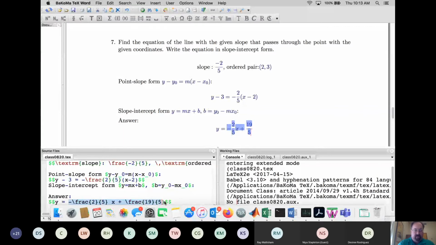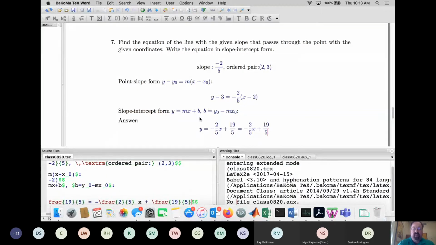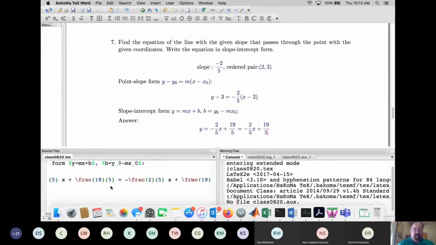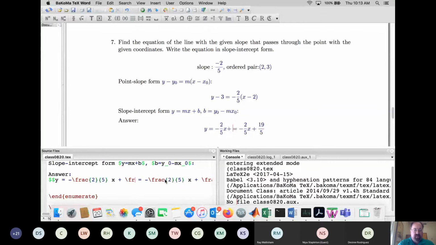And one thing I want to show, because this is also a source of many mistakes, is that you multiply this out, you get minus 2/5 x plus 4/5. But then you take the minus 3 and move it to the other side. So we have that to deal with.